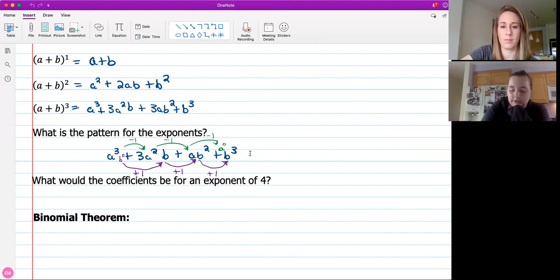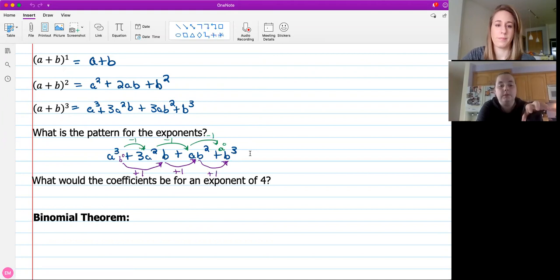So the a terms, we're starting with the third expansion, so we are starting with what n is. That exponent is 3, and that's n. And then you're subtracting 1 all the way down so you get to 0 in the last term. For the b terms, you start with 0 and then add 1 until you get to what your exponent is in the last term. And that's the pattern for the exponents.